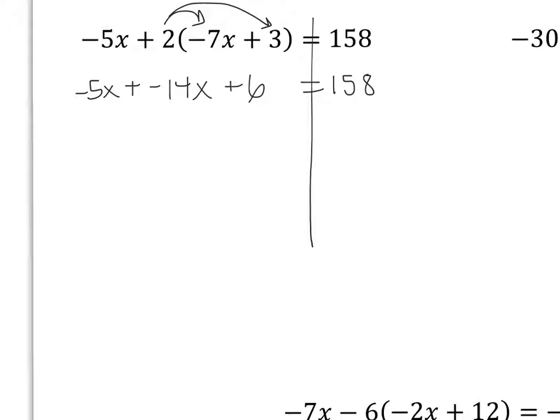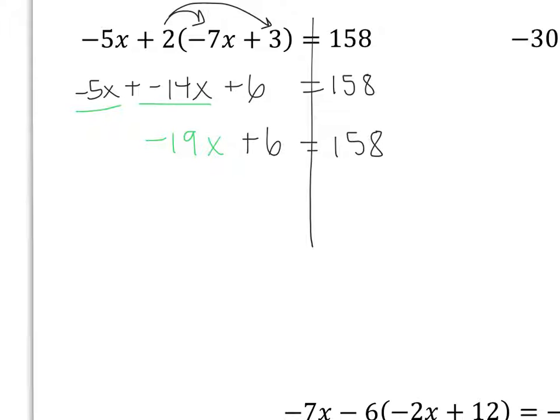Now I have some like terms here. I have a 5x plus a negative 14x. So I'm going to combine those, and negative 5 plus negative 14x is really negative 5 minus 14, which is negative 19x. And then I still have plus 6 equals 158.